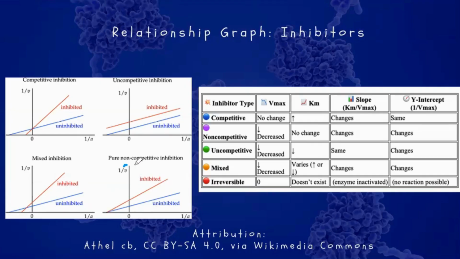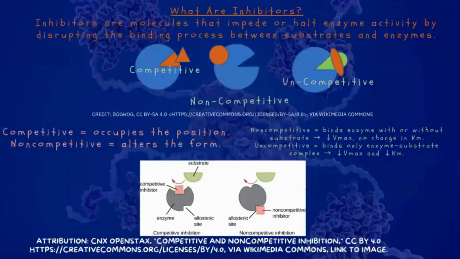Now, if you take a look at non-competitive inhibitors, which we talked about before, if we take a look at the graph here, is when you have the allosteric site and it's attaching at that spot. So regardless of what happens, as long as the allosteric site is occupied, the substrate attaching to the enzyme doesn't matter.